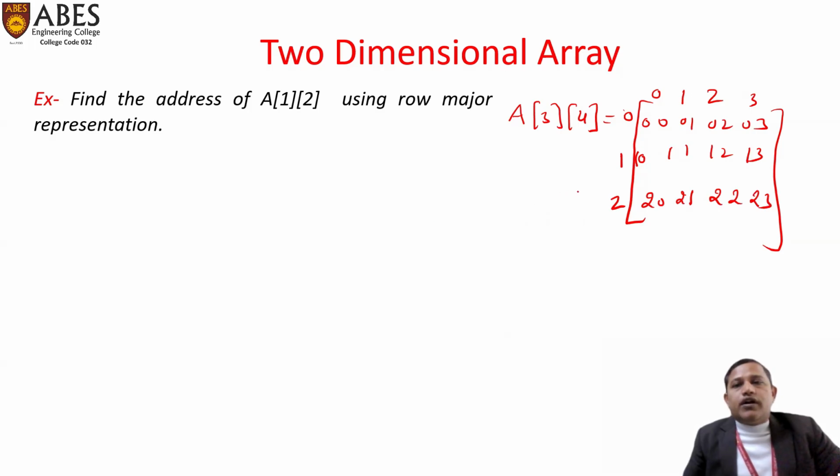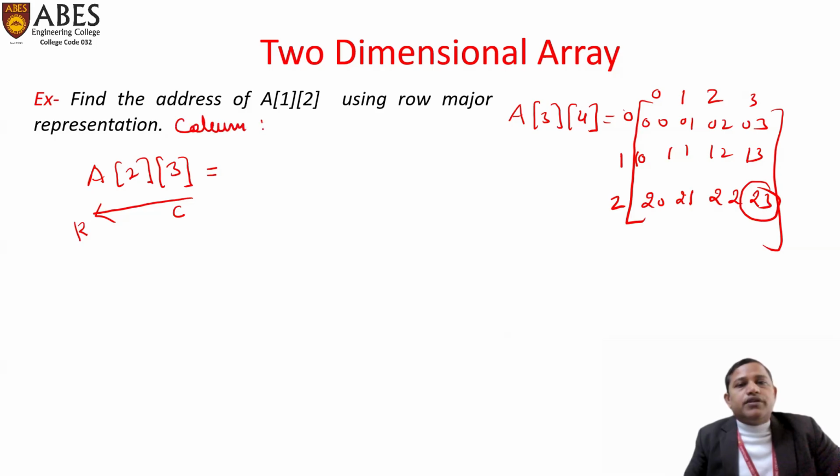So if you want to calculate the address of this index, suppose at second row and third column, then you will start accessing the elements column by column. This is the column representation. This is basically column major order.